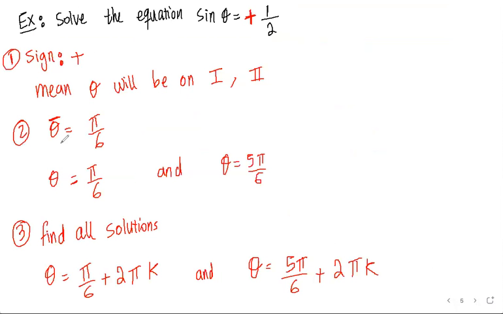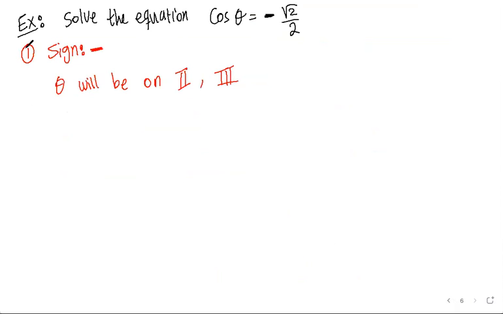Now, second step, find the reference. So what you're doing is you hide the sign, and you ask yourself, which angle reference, if I plug it here, gives me square root of 2 over 2. What's the angle?